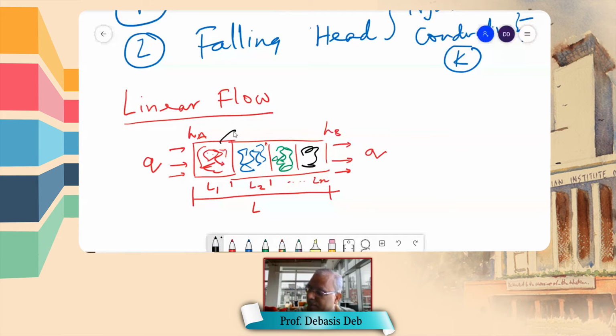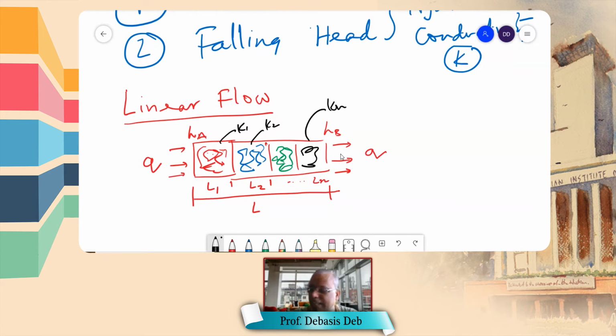So they have K1, K2, and all the Kn. So these are known: K1, K2, Kn are known. Quantity Q is flowing from point A to point B, where the pressure is HA and HB. Definitely HA is greater than HB.